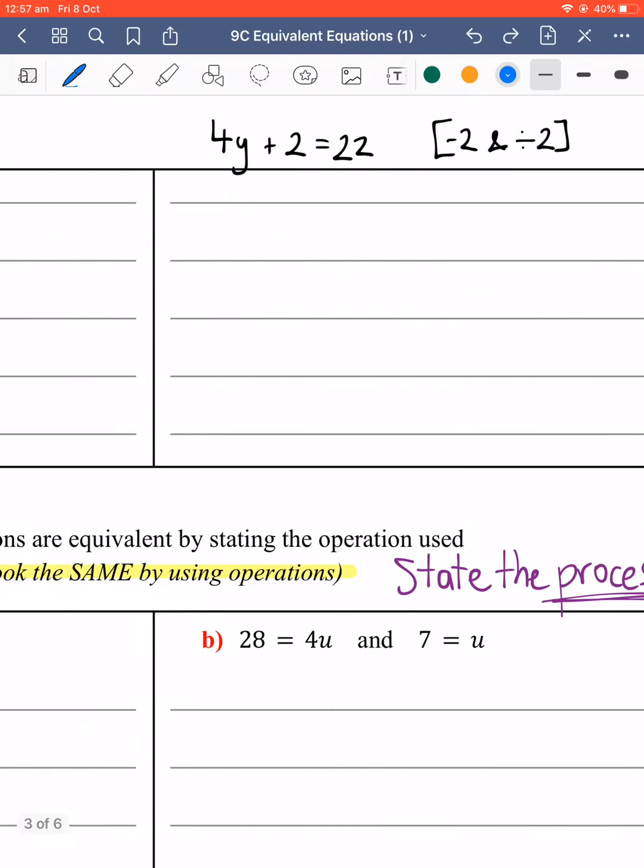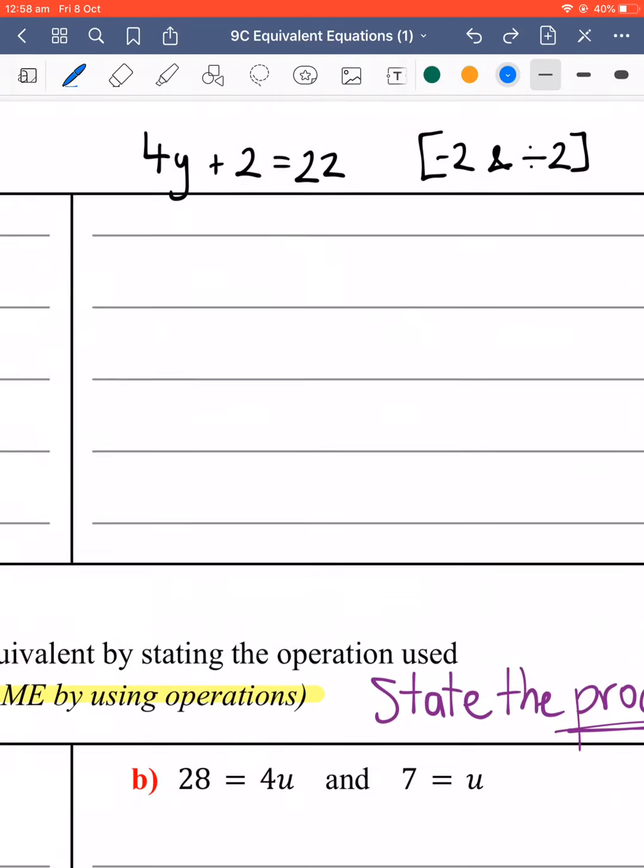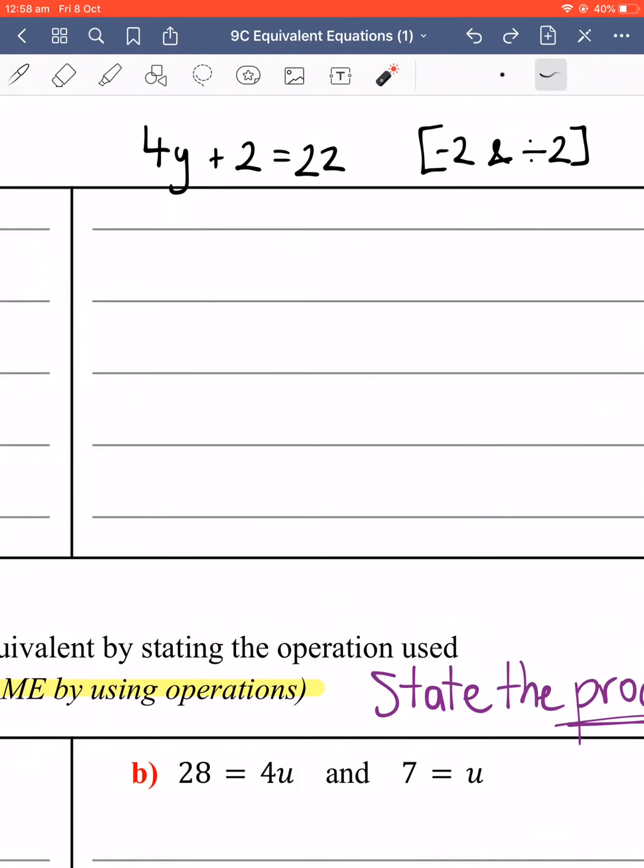On to the next. So this one, instead of doing just one step, I'm actually doing 2. So let's do them in order. I start with my minus 2 for both sides. So I'm going to do that first. So 4y plus 2, and then I'm going to just do it in a different colour so you can see.